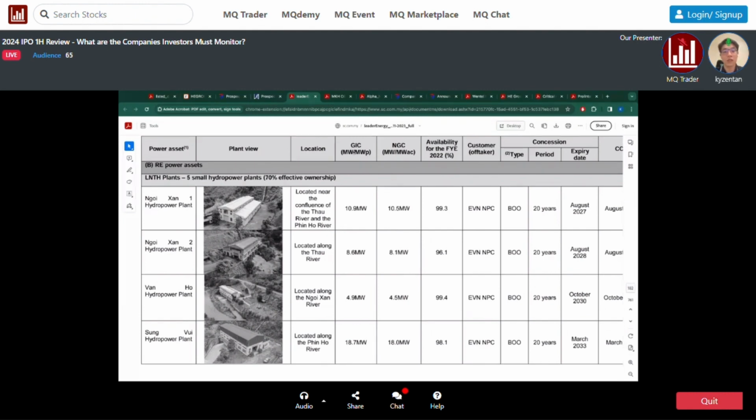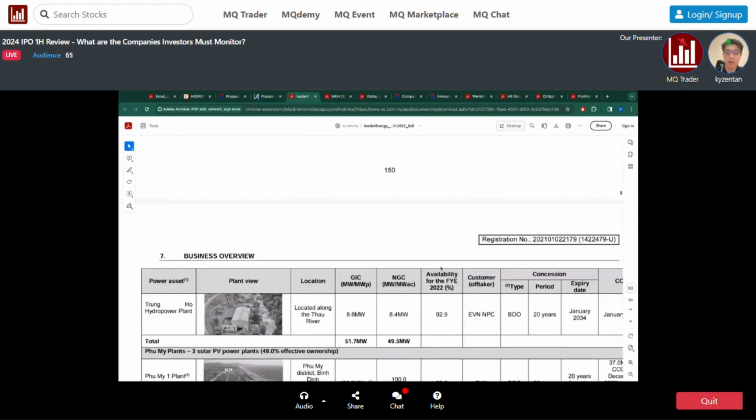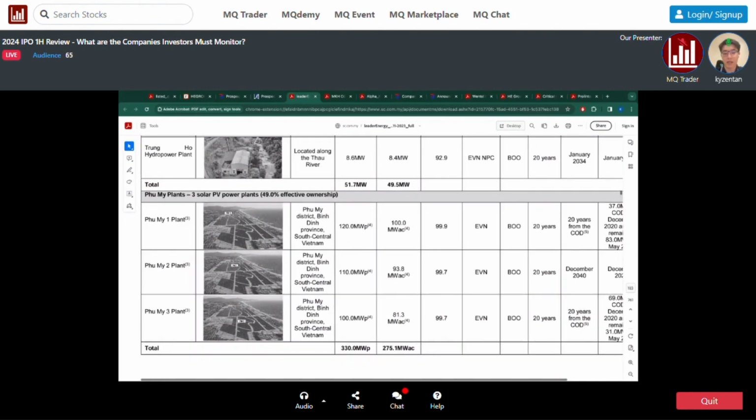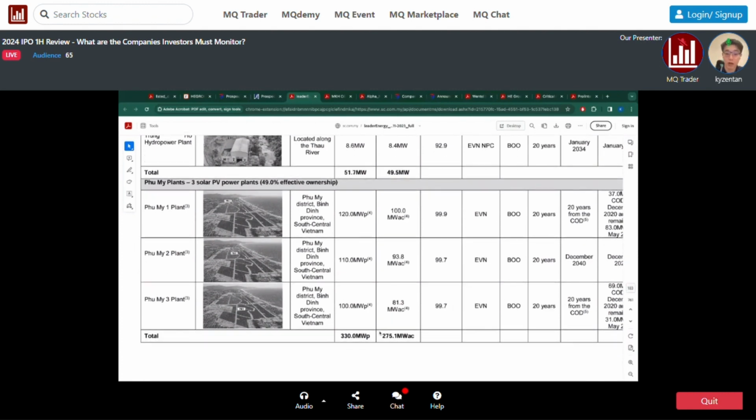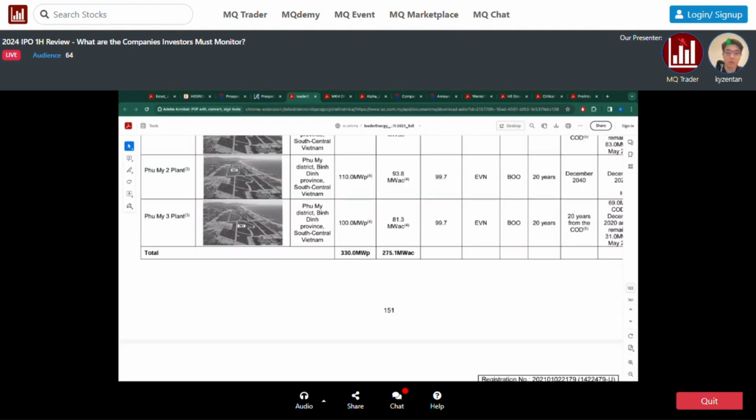This one is the gross installed capacity, the megawatt peak. Availability is normally 90% each, unless there is some issue or major maintenance. The solar power plants are 275.1 megawatt, which is quite substantial even compared to Malaysian companies.